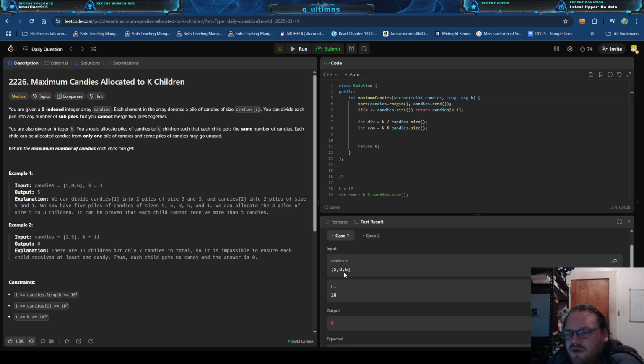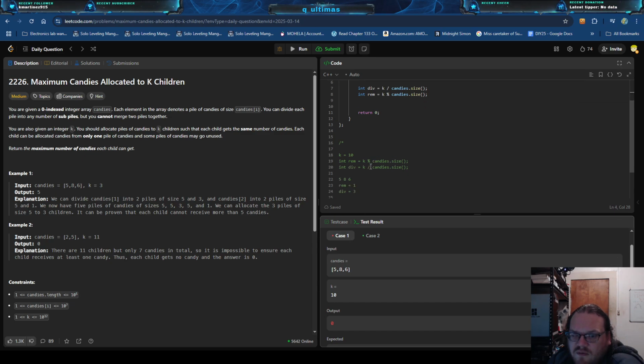Oh, but you can only put it in one pile, right? So half would be 4 and 4, which doubles the amount of children we need.